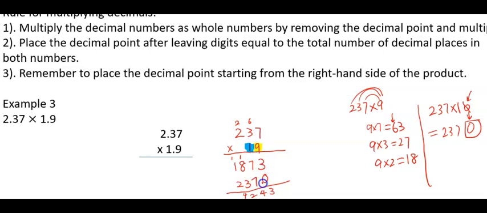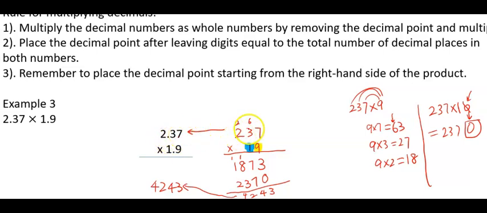So now we're going to modify our answer to get the answer for 2.37 times 1.9. Let's copy our answer here because I'm kind of running out of space. To get the answer for the decimal multiplication, we see that when we multiply, we ignore the decimal point.